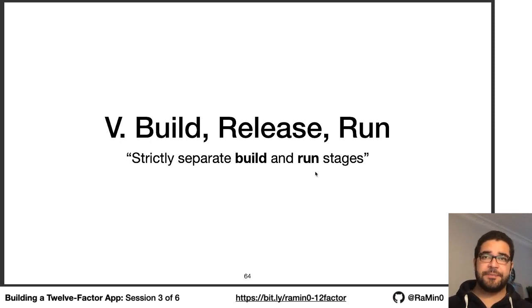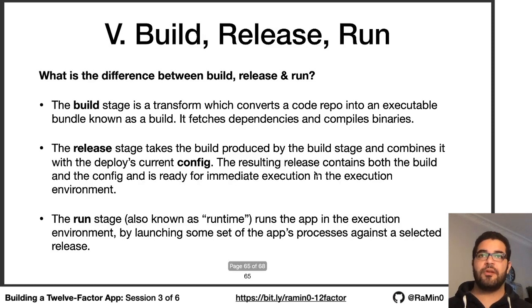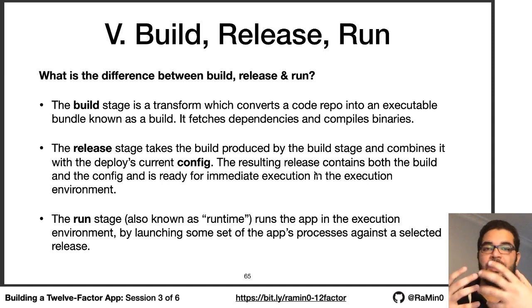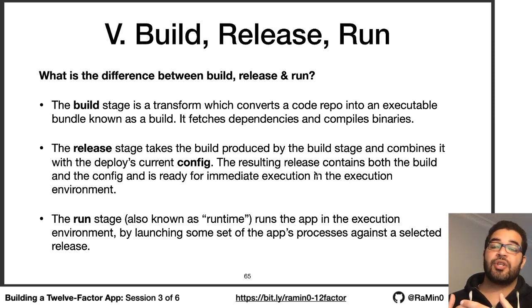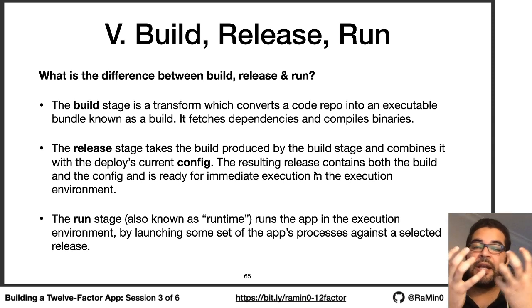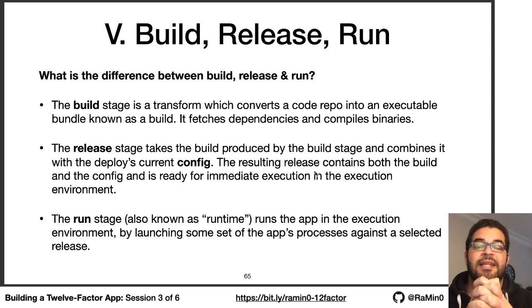What this factor is responsible for is dividing the process of deploying our apps into 3 stages: a build stage, which transforms our human readable code into binaries and executables; a release stage, which combines this binary, the output of the build stage, with some configurations, from a config file or from environment variables, and puts them together. And then the last stage is executing this combination, so it's executing the binary that we created in the first stage with the configuration that we attached to it from the second stage.